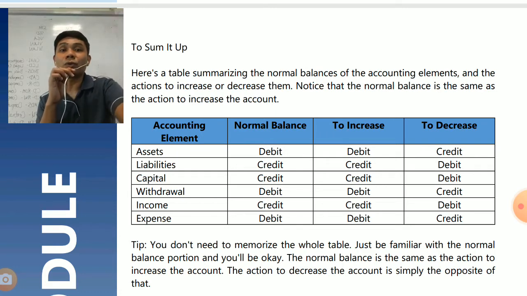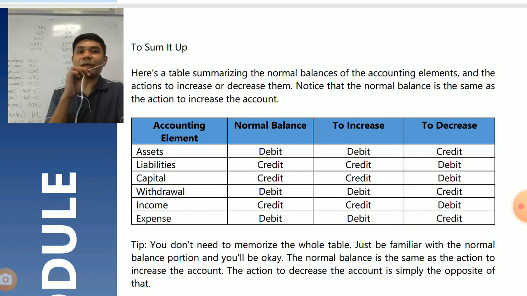Later on, we will learn what the asset accounts are. So for assets, the normal balance is debit. Meaning, if you want to increase an asset, you debit it. But if you want to decrease the amount of an asset, then you credit it. So the normal balance is the side on which the asset increases, which is debit.